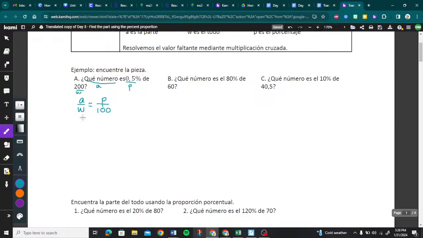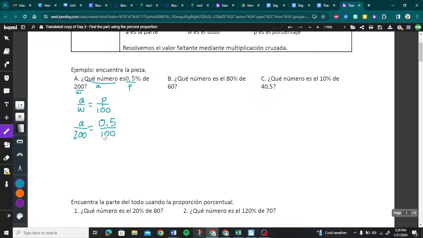So here we go. I don't know la part. I know that the todo is 200, and then percentage, and then 100.